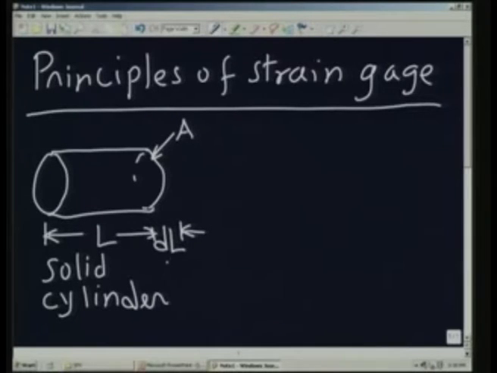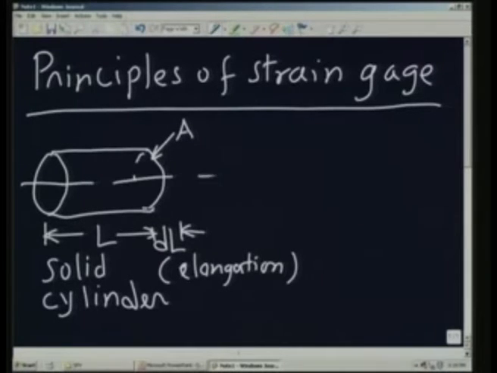This is the elongation. So, elongation is dL due to the action of a stress or force in the axial direction. This is the axial direction.